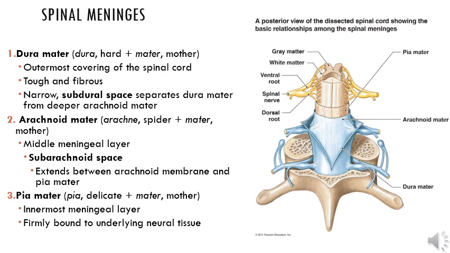And the spinal meninges are not that much different from what we see in the brain. I see the same layers: dura mater, arachnoid mater, a subarachnoid space, and pia mater. And so the same layers exist, and they're all going to give me the same basic benefit, which we'll see in a slide or two.